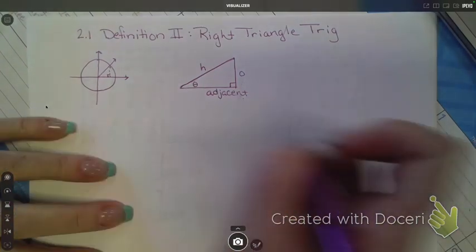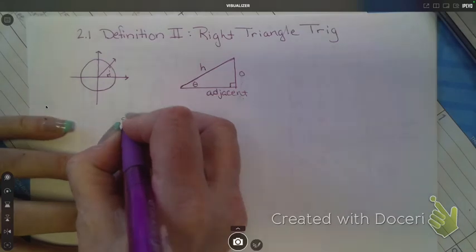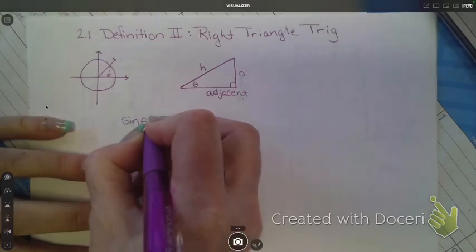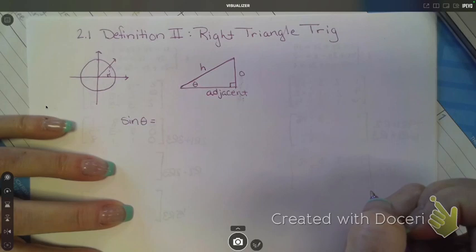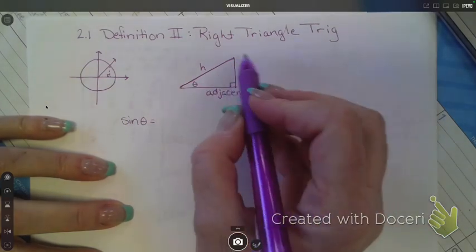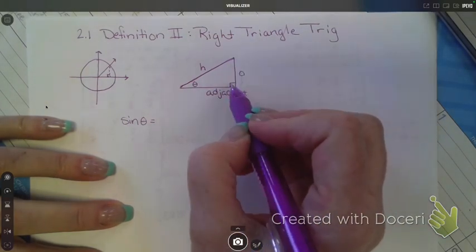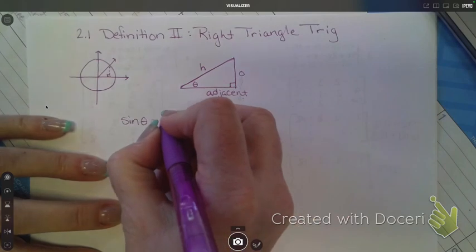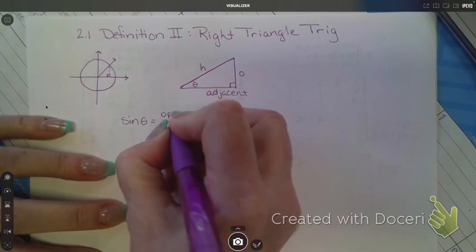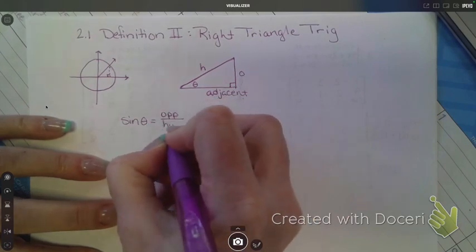Okay, so does anyone remember what sine of theta is? Y over R. It's y over r, so y would be opposite. So it's opposite over hypotenuse.